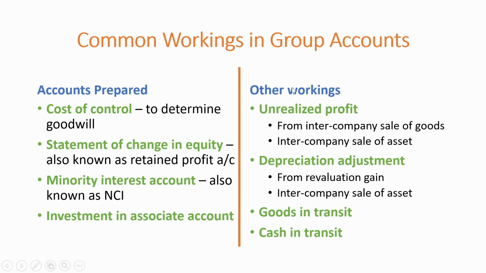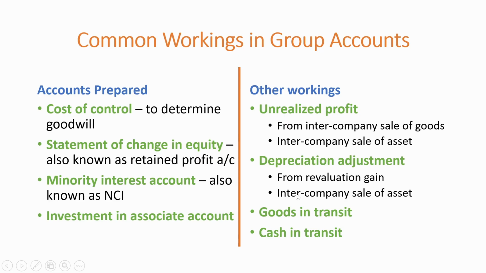We have other workings which don't require you to open an account. Most of the questions require you to calculate unrealized profit, which can be either from intercompany sale of goods or intercompany sale of fixed assets. You'll also have depreciation adjustment, which arises from revaluation gain.